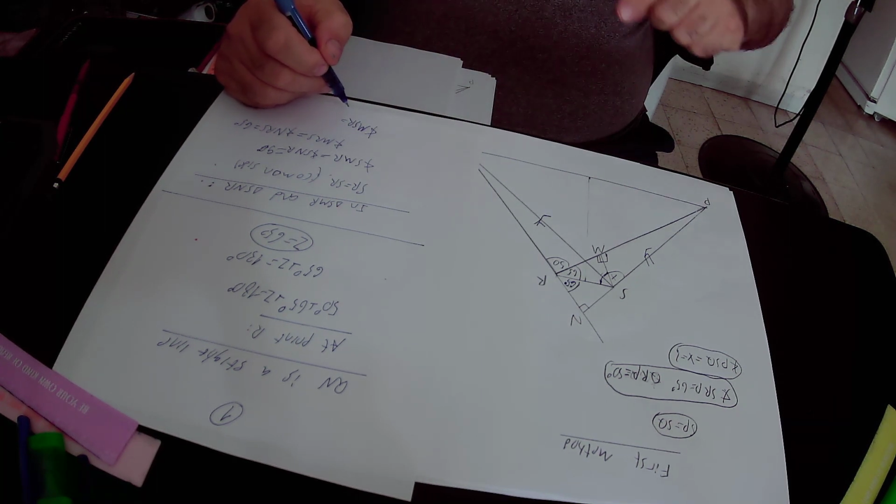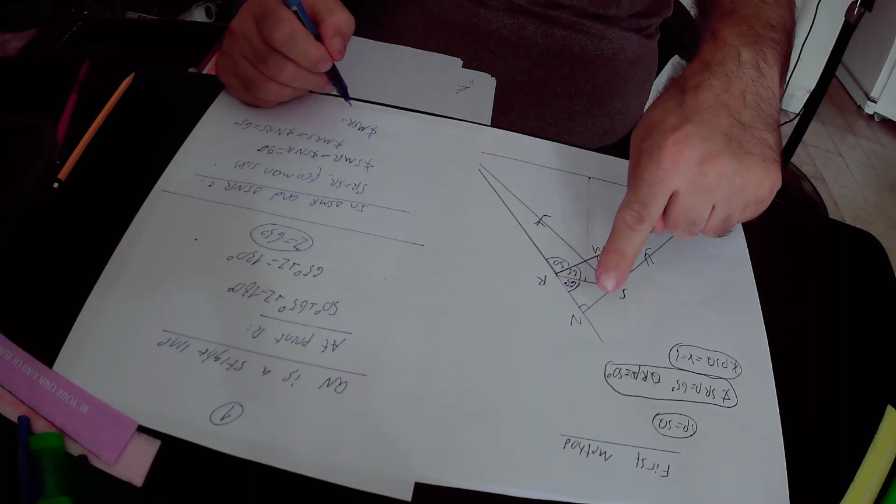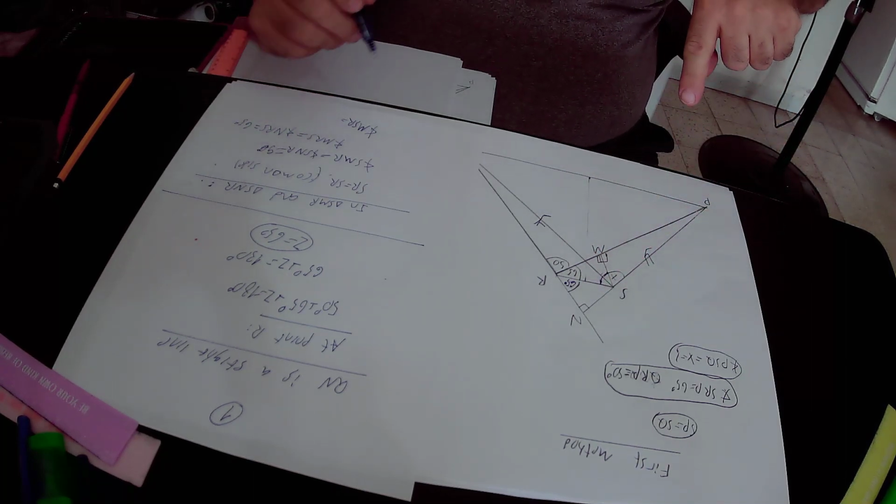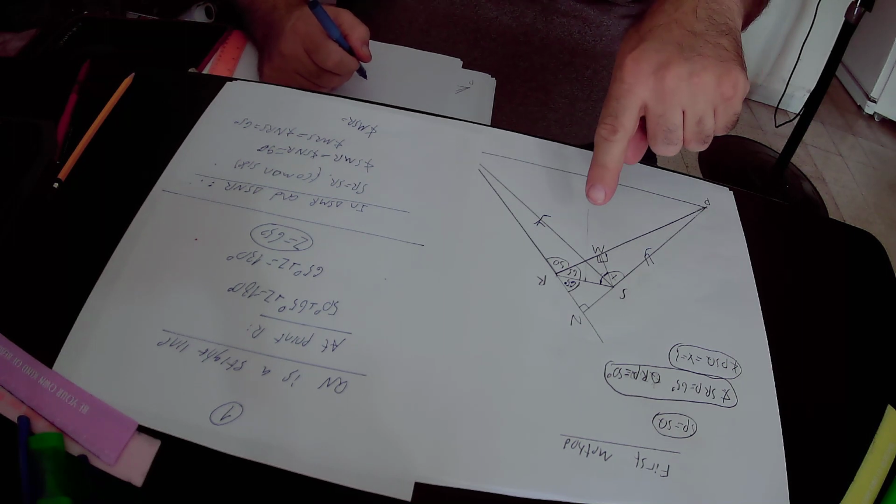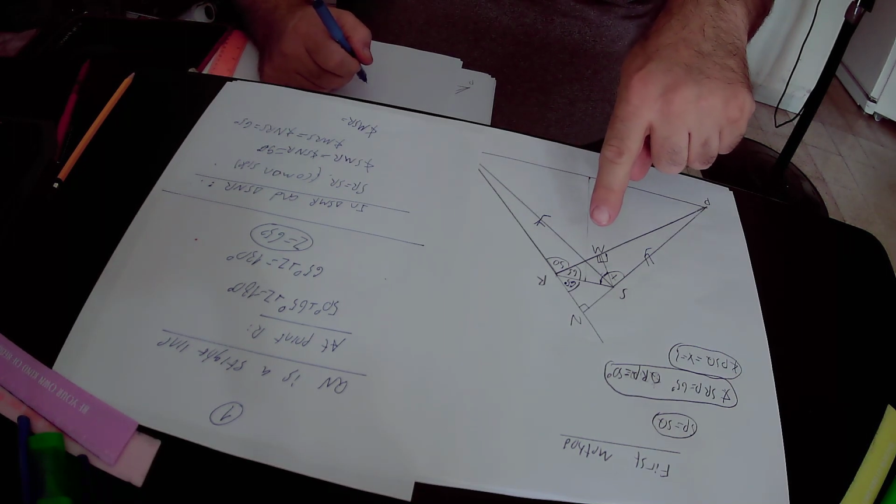is actually equal also to the size of angle NSR, because they have two equal angles, 65 degrees and 90 degrees.